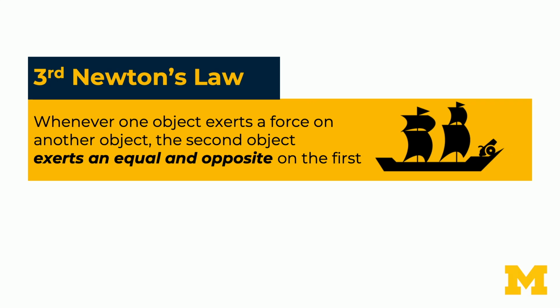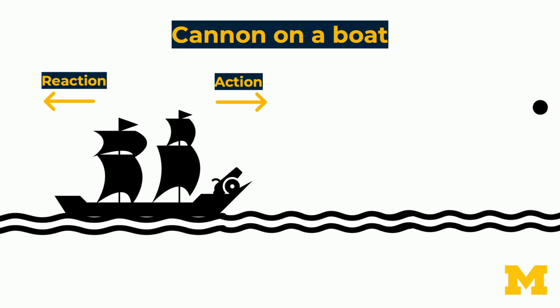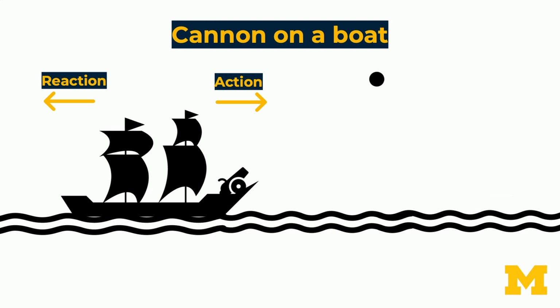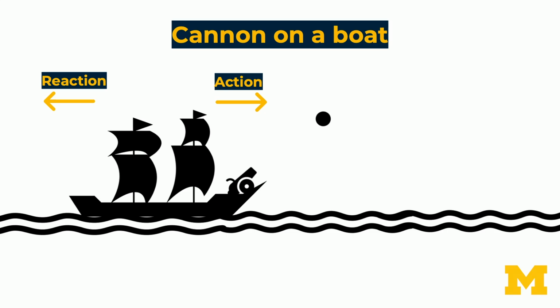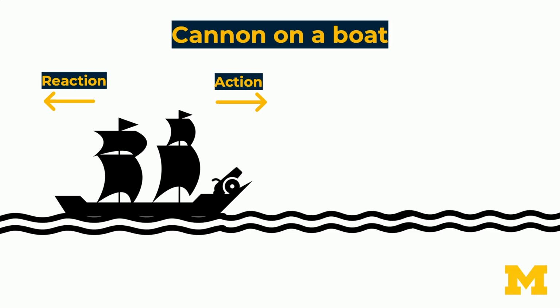Okay, so a good example of this is if you are on a boat and you fire a cannon. When you fire that cannon, the cannonball goes off, but the boat will go in the opposite direction, right? So the cannonball goes to the right, the boat goes to the left.